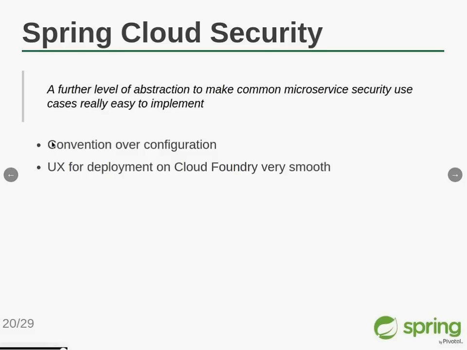It uses a lot of convention over configuration, so declare everything in properties files or environment variables is quite an easy and nice experience for deploying microservices. And the user experience for deploying these things on a PaaS like Cloud Foundry is very smooth.